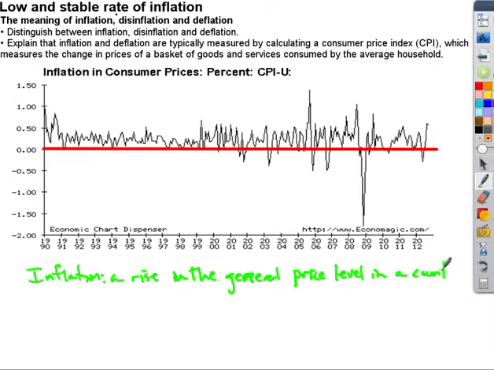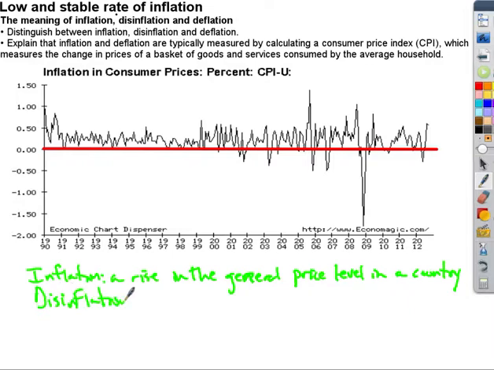This isn't talking about one specific good, because certainly some goods will increase in price and some goods will decrease in price. All we're saying is that collectively, when taken all together, what are the prices doing? So that's inflation, and then we have disinflation.